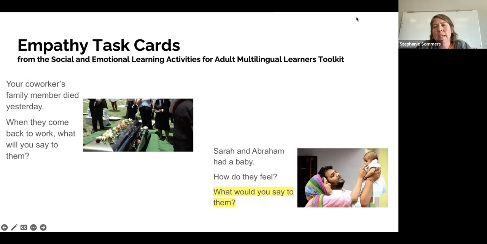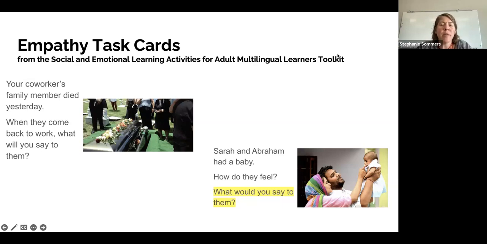The whole toolkit helps us as ABE teachers understand the importance of SEL for our adult learners. So instead of focusing on SEL for children, it does focus on adults. And I like these because, again, it provides opportunities for us to work with our learners around language we might use in different social situations to help them navigate those experiences.